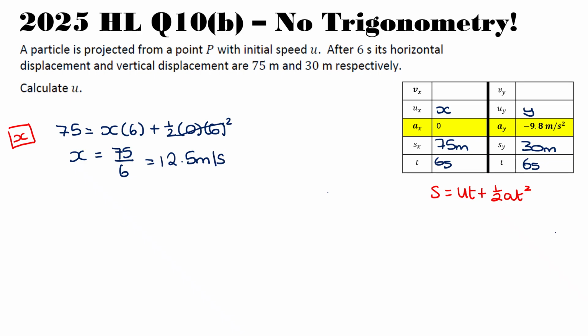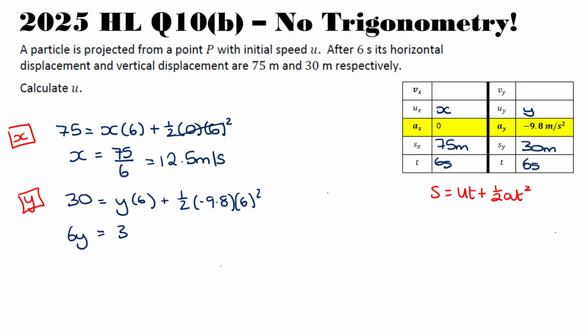And then in the y direction, we're going to do the same. That's going to give us 30 equals y times 6 plus a half times minus 9.8 times 6 squared. That gives me 6y is equal to 30 minus 0.5 by 9.8 by 6 squared, and so minus, and then we bring it over, it's going to be positive 176.4.